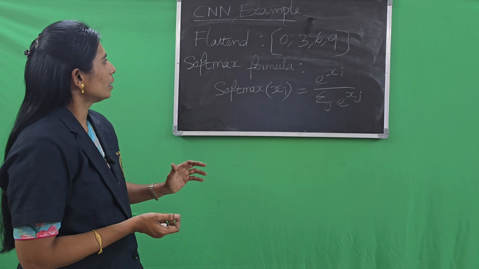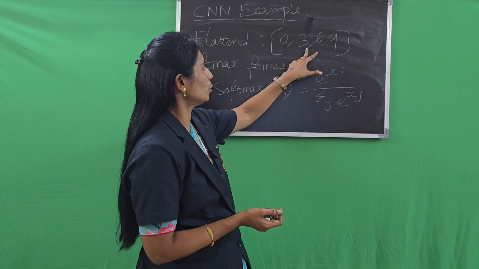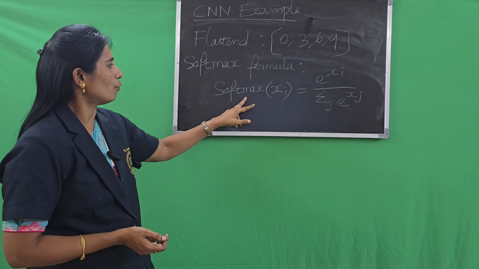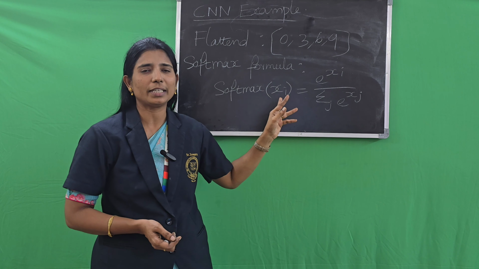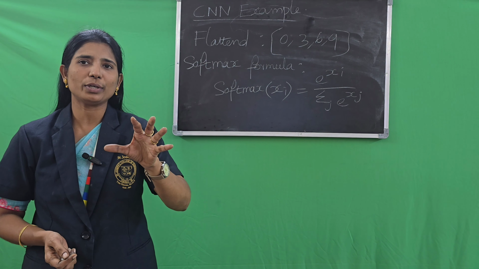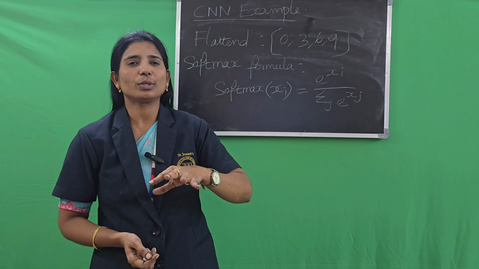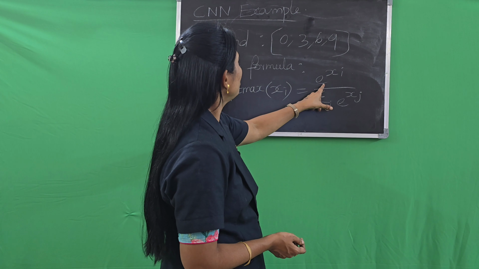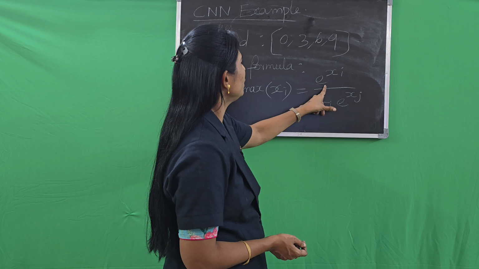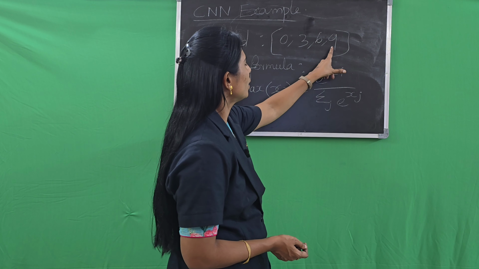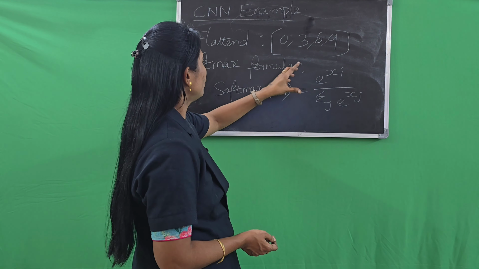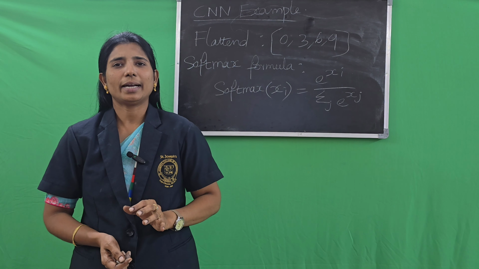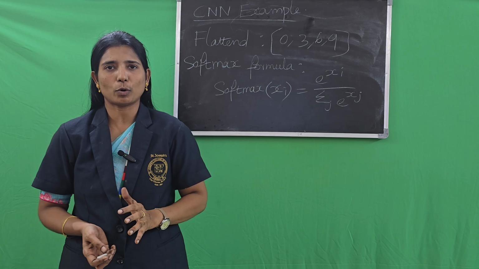So this is our flattened pooled output: 0, 3, 6, 9. Then this is the softmax formula for converting the flattened pooled output into class probabilities. Here we need to find the values of e power 0, e power 3, e power 6 and e power 9. Then substitute those values into the softmax activation function, and we will get the final class probabilities.